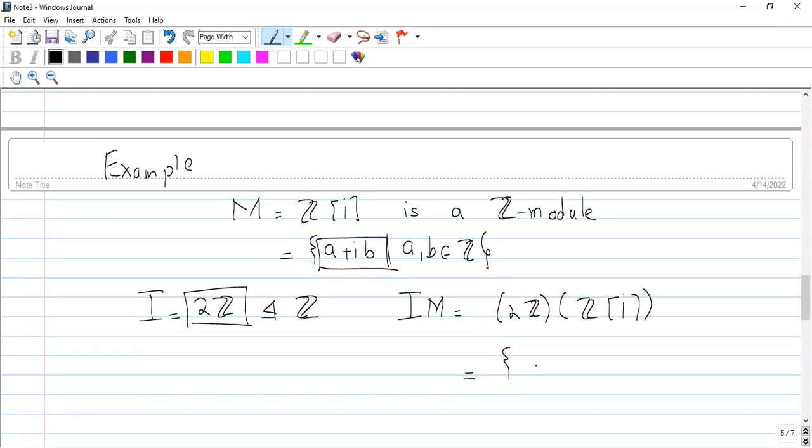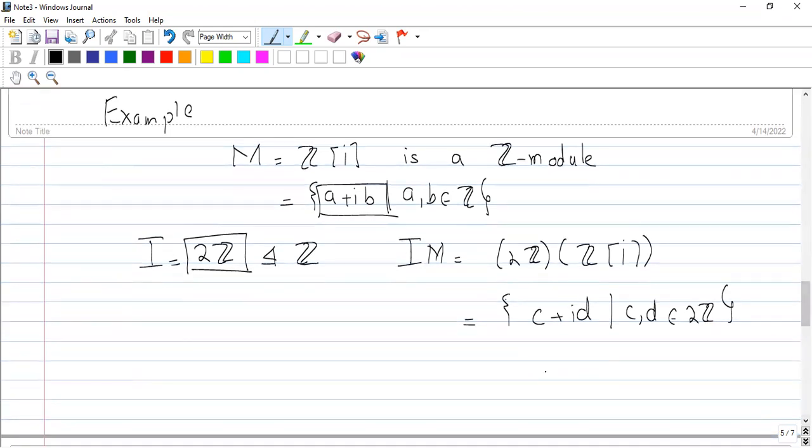So you will get elements in the form of c plus iota d, where c and d are in 2Z. In general, you can also define it as 2Z iota, and this is a Z submodule of Z iota.